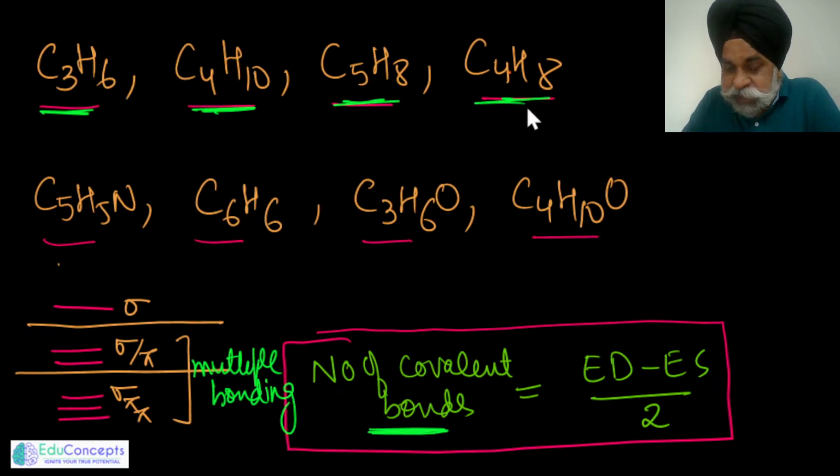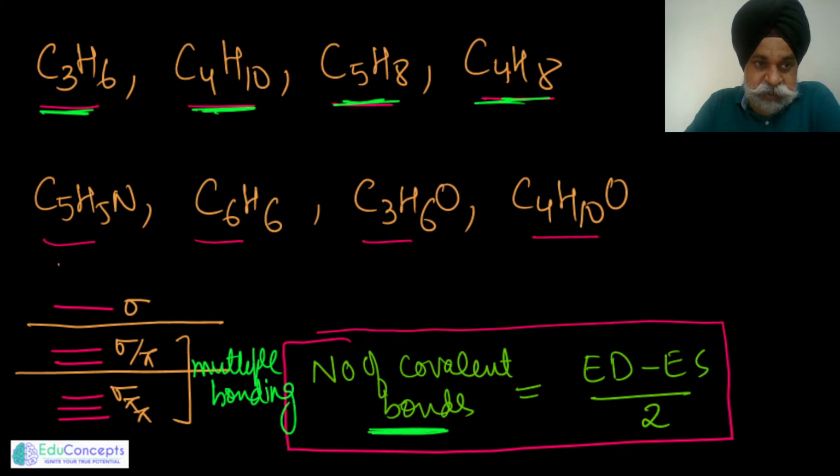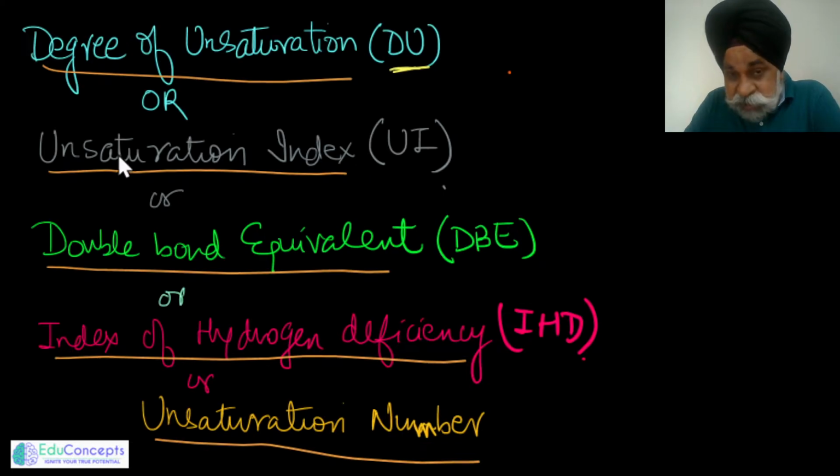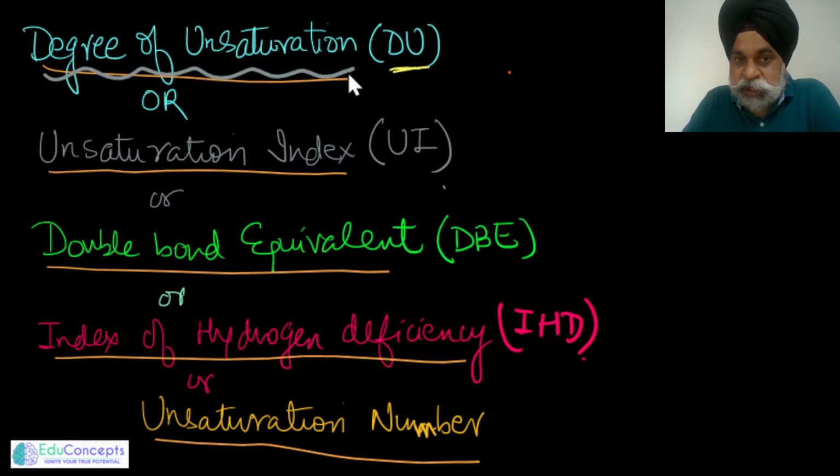So for that we are taking up this discussion. This term, degree of unsaturation, has a lot of synonyms used in different regions. Many books write it as unsaturation index, double bond equivalent, DBE, index of hydrogen deficiency, or unsaturation number, but I always use degree of unsaturation, DU. It just clicked with me more.